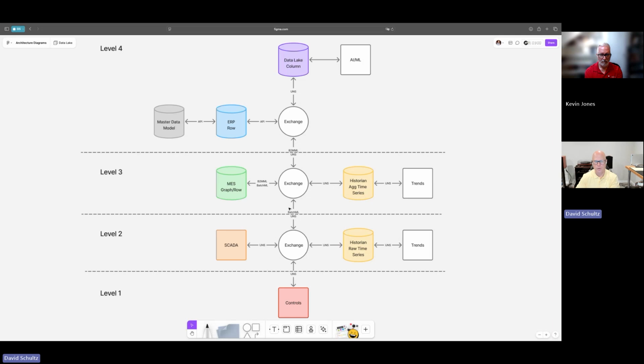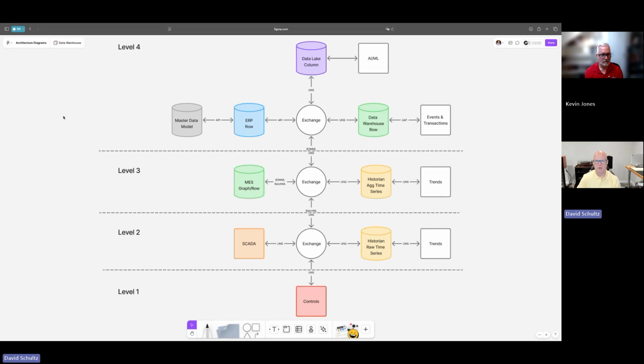But it could be MQTT. You can use AMQP. You can use DNP3, although I only run into that in power and power controls. But the point is that it's a common technology. It's not a bespoke point-to-point integration. Okay. Good. Next.